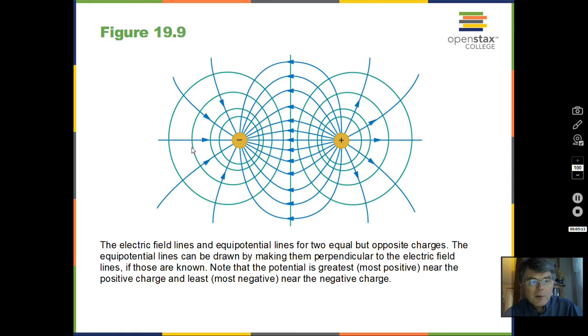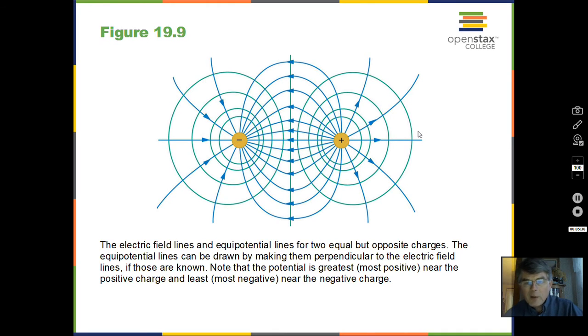Over here, the potentials on the left would be negative numbers. A crucial thing here: when we find the net potential at a point in space due to multiple charges, we simply add up the values of the potential. There are no components. The potential is a scalar, not a vector. So it's easy to add up potentials.